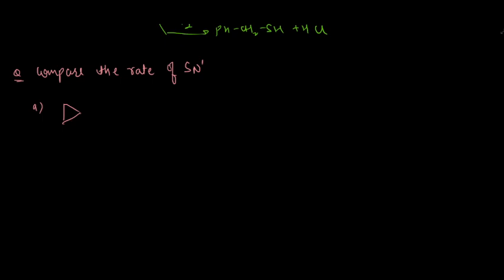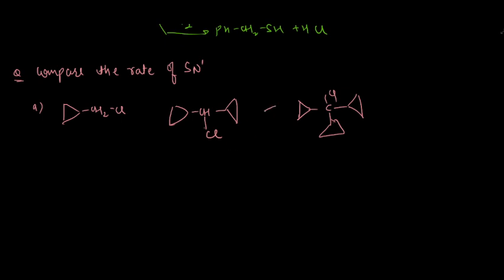A, we have the three chlorides: primary, secondary and tertiary. So what happens when Cl leaves? It is 3 degree, then 2 degree, then 1 degree. B.